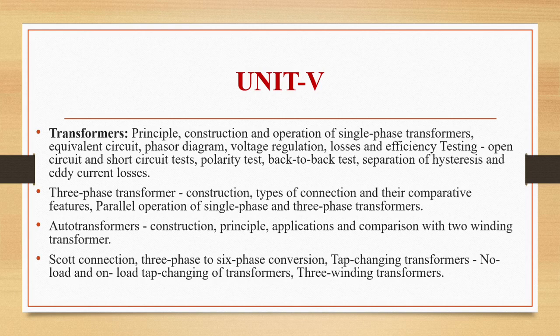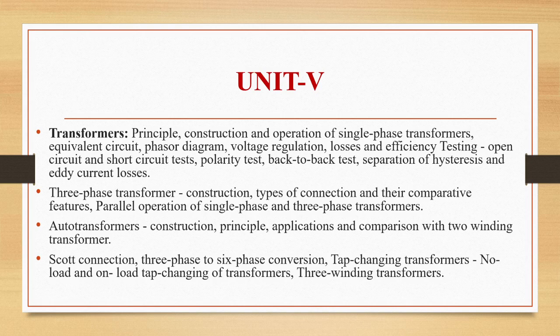So we are applying alternating voltage to the primary winding, alternating current will be flowing in the primary winding and alternating flux will be created. This flux is changing, and whenever flux is changing in the coil, EMF will be induced, that is self-induced EMF. Then the same flux is linking with the second coil also and EMF is induced in the second winding also.